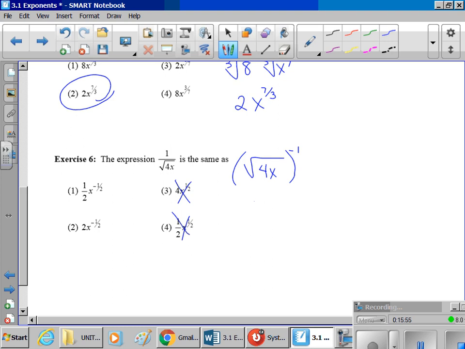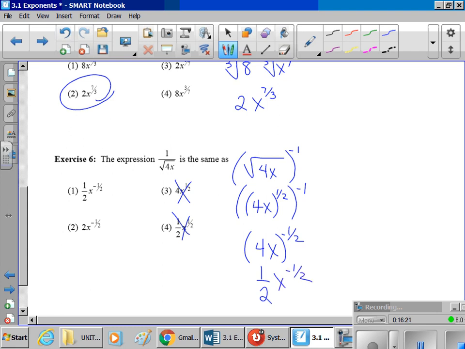We're going to rewrite this as 4x to the 1/2 times negative 1. We can rewrite this as 4x to the negative 1/2, which we can take the square root of 4. Oh, because it's negative though, it has to be 1/2, and then x to the negative 1/2.